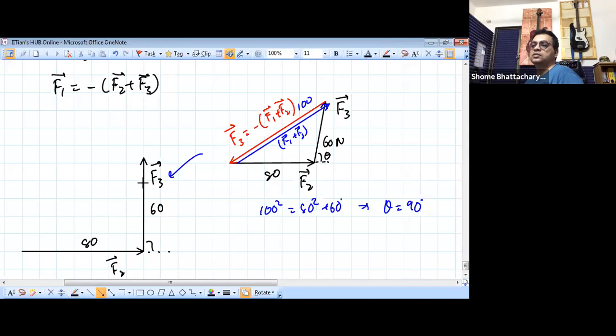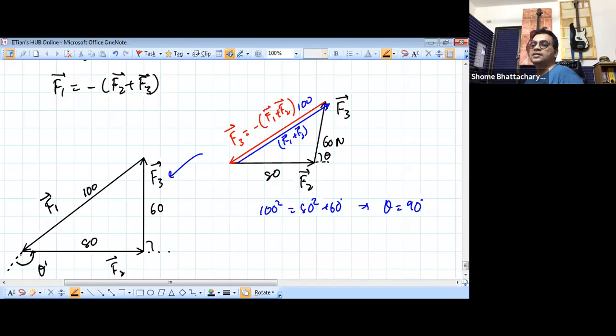So you can see here, F1 is this vector which is of magnitude 100. So now which angle will be theta prime in my diagram? The angle between F1 and F2. That will be this angle. This is my theta prime.